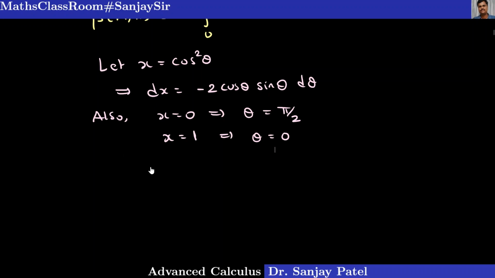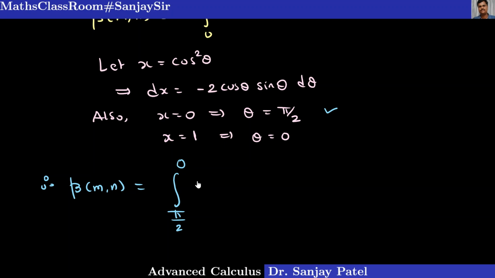So putting all these values in the above formula of the beta function, we get beta m comma n is equal to integral. Now for x equal to 0, the corresponding value of the limit is theta equal to pi by 2, so here I should write pi by 2. For x equal to 1, theta is equal to 0.